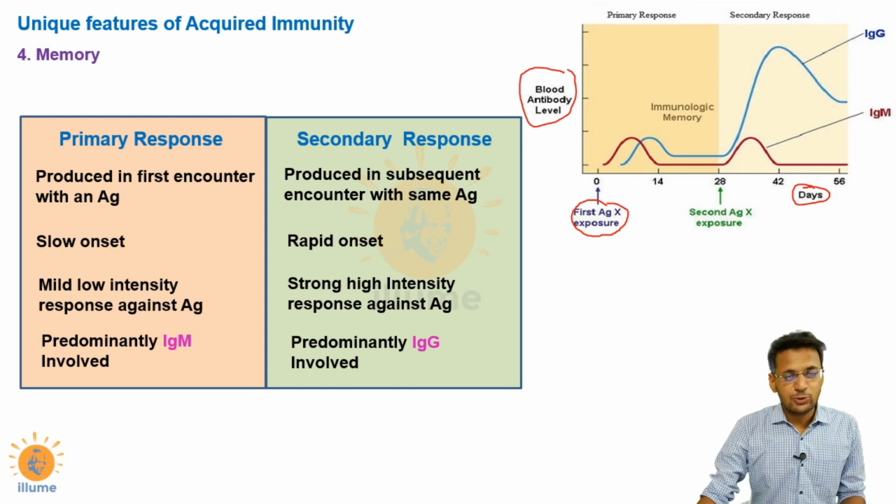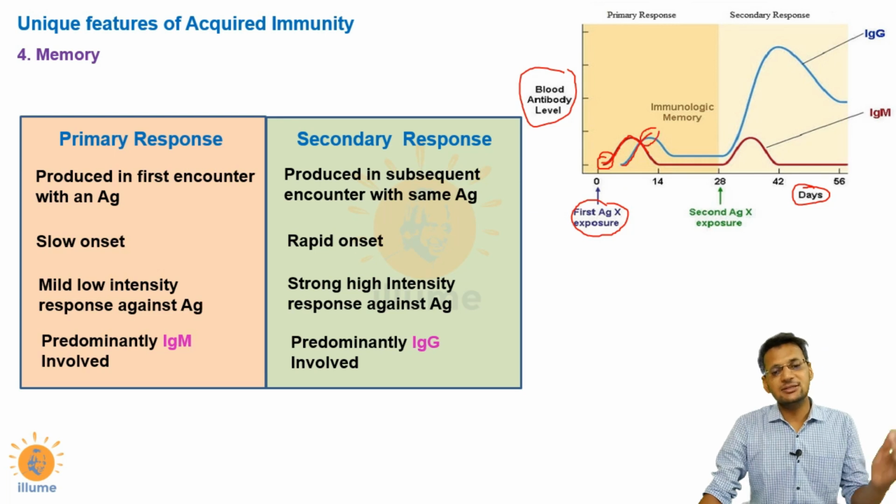After the first antigen exposure, after a few days you can see IgM in your blood, and this IgM increases, attains a peak, and after some time starts reducing. When IgM starts reducing, IgG has already started to increase, and it attains a peak after IgM has started reducing. So in the primary response the main antibody is IgM because it peaks earlier than IgG, and it started developing before IgG.